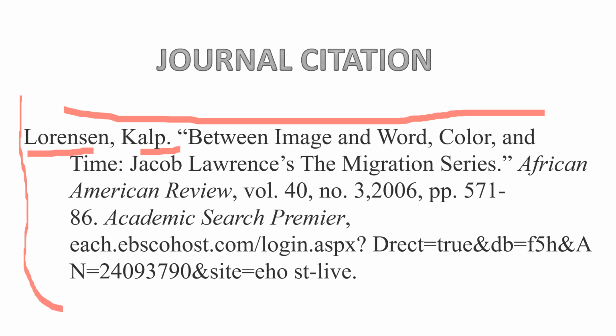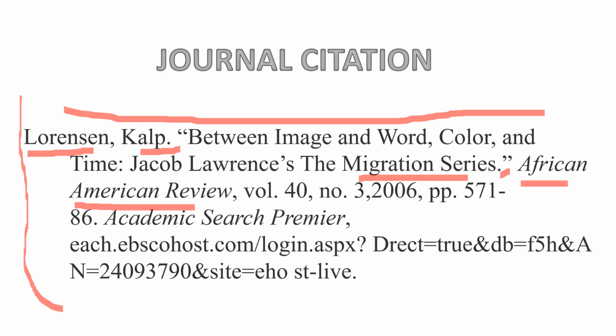So: "Between Image and Word, Color and Time, Jacob Lawrence's The Migration Series." This is the article, and it has been kept inside the double inverted commas. Then a full stop, and then African American Review.